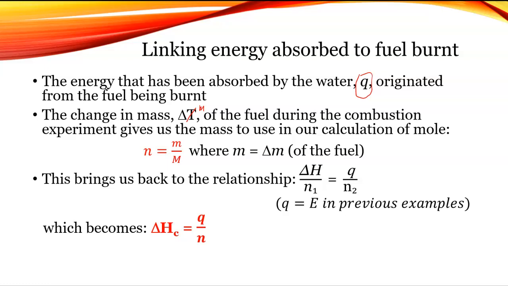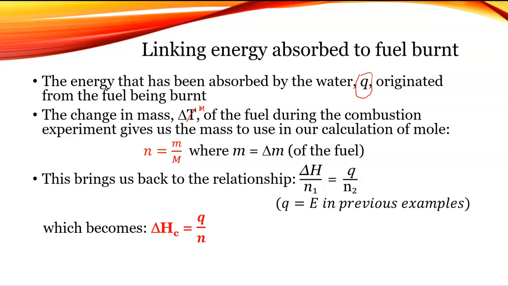Maybe just use Q all the time. And so this, because n1 was equal to 1, delta Hc, our heat of combustion, our enthalpy of combustion, is equal to Q divided by n. So the energy into the water, Q, divided by the amount of fuel that created that energy.